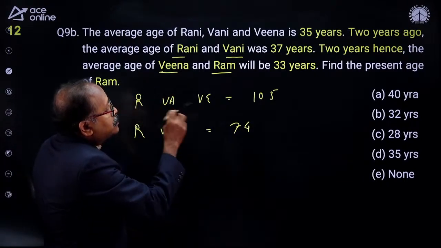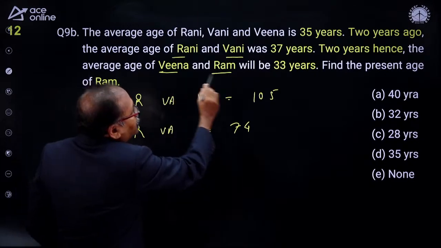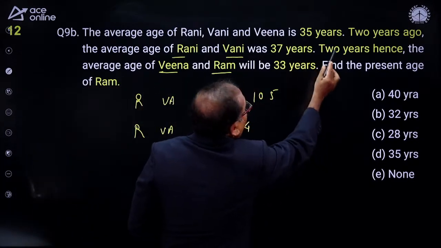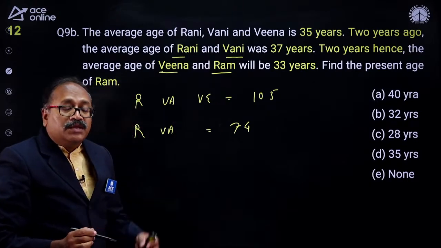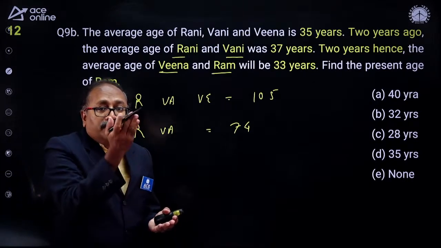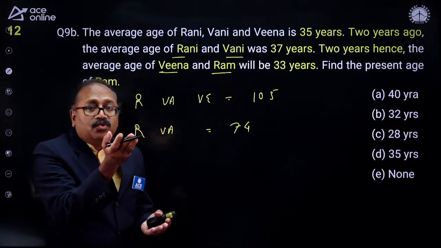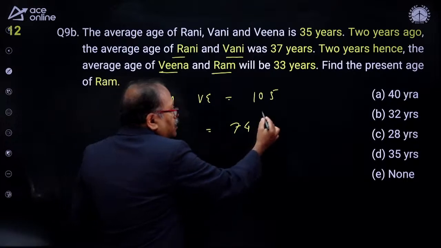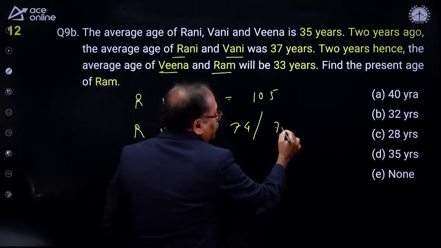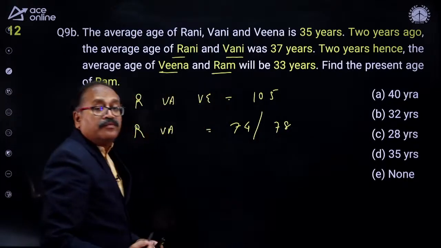And that was 2 years ago. If the total was 74 then, what will be the present? Both of their ages will increase by 2, so that is 2 and 2, 4 increase. So the present total will be 78.